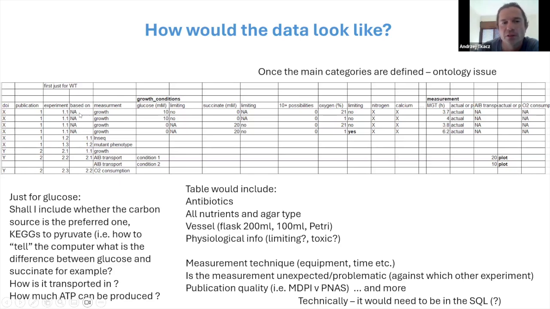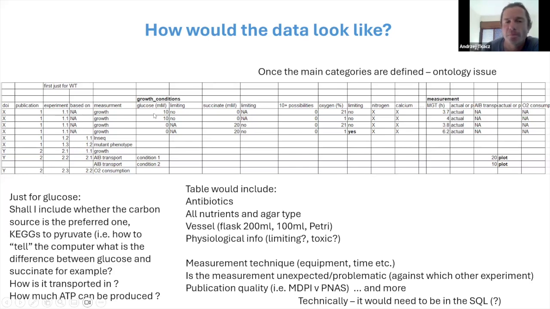What I would like to know is not only what was the measurement, but a lot of metadata. Literally everything we can imagine to be collected, I would like to be collected in this table. I would like to know what this experiment is based on, some previous experiment. How do they connect to each other? Because this kind of information you can get from a paper if you read it very carefully.